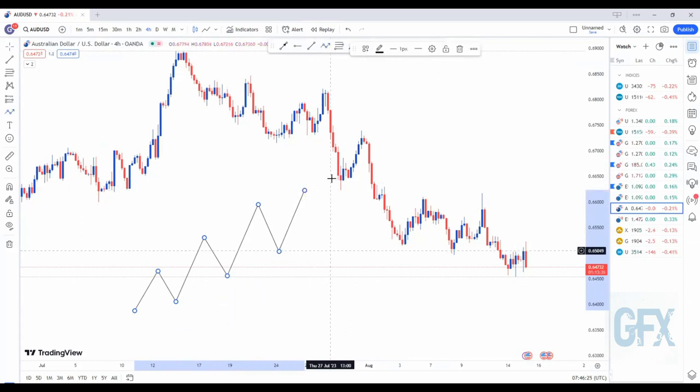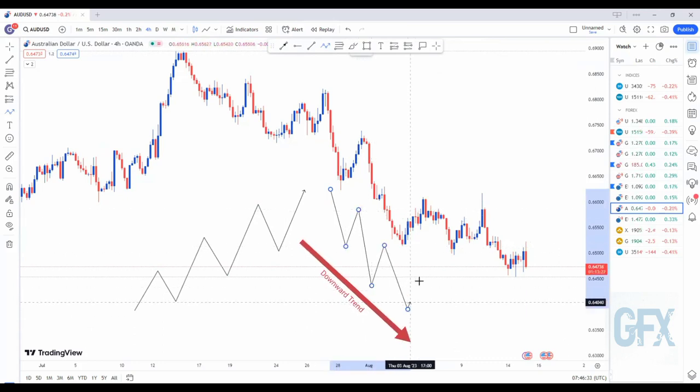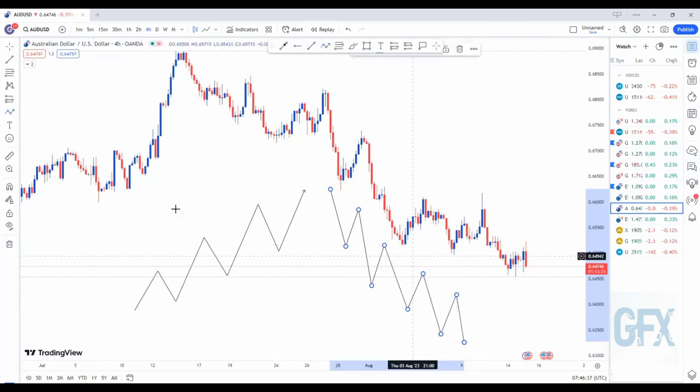Then if price starts making lower lows, lower highs, lower lows, lower highs, so we are bearish. Once you start seeing price making new highs and new highs, we're in an upward trend. Once you see price start making new lows to the downside, just know that we've changed the direction.